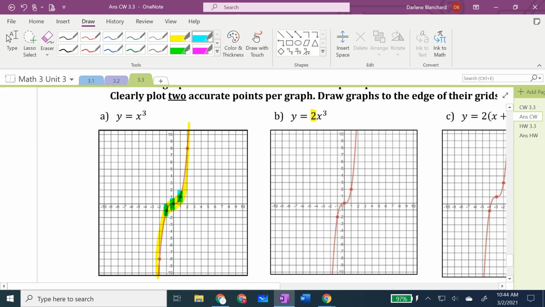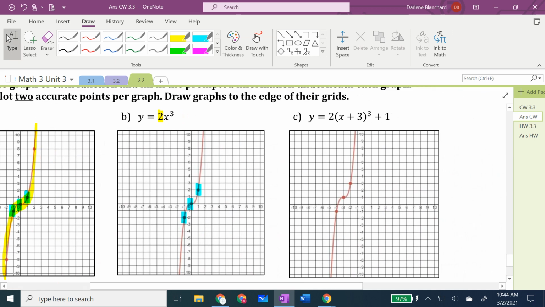If you multiply all 3 of those y coordinates by 2, y coordinate 0 is still 0, and the plus or minus 1 becomes plus or minus 2. I don't expect you to show the stretch any more than just plotting these 3 points and trying to draw the same graph between those 3 points as you drew here.